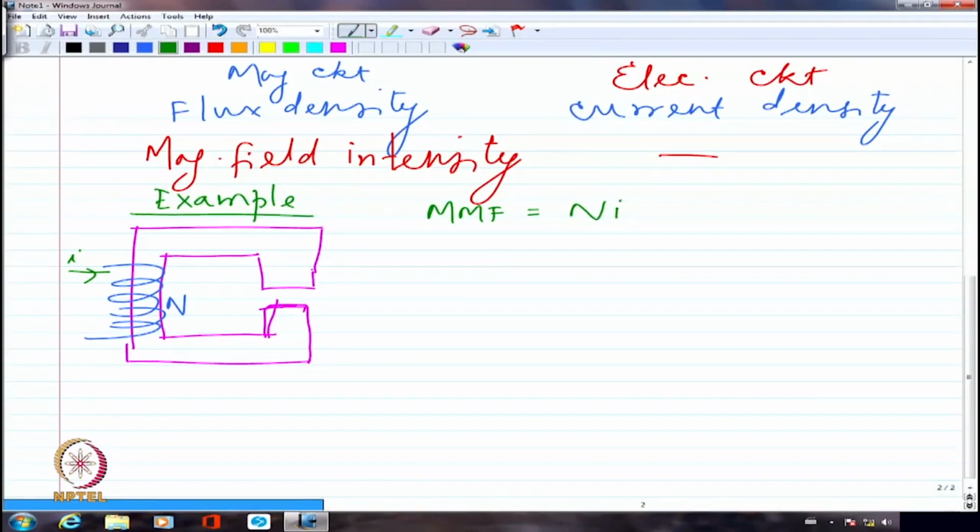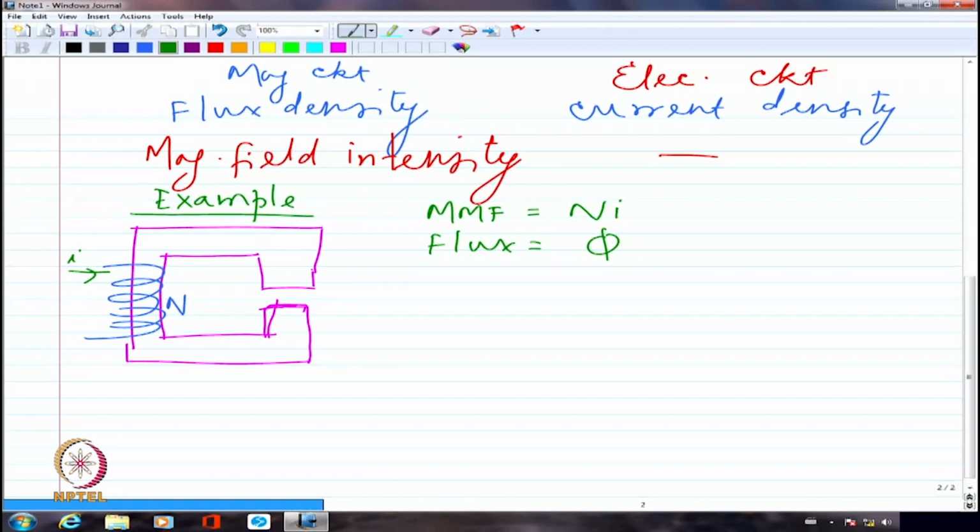If I try to look at the flux established, I am assuming that whatever is established is going to confine itself as much as possible to the core if it is a ferromagnetic core. Air is not going to have as much permeability as the ferromagnetic core; there will be a ratio of almost 4,000 or 3,500 compared to the permeability of air.